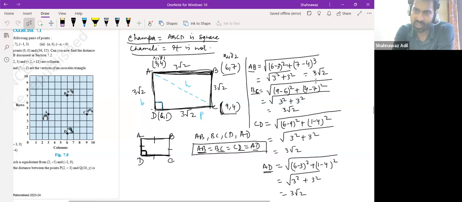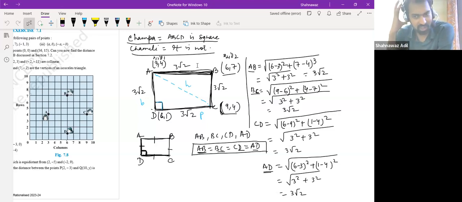We found that AB is 3 root 2, BC is 3 root 2, CD is 3 root 2, and AD as well. So all sides are equal. For which quadrilaterals are all sides equal? Square and rhombus.